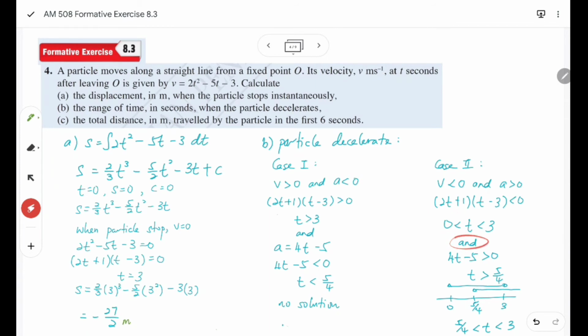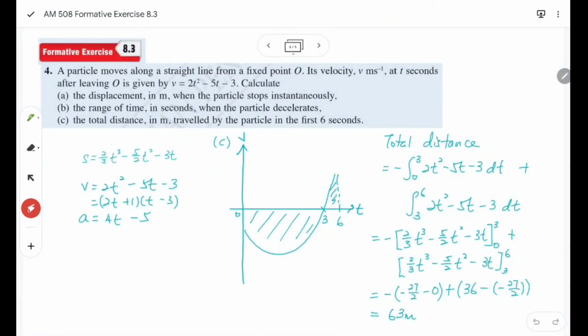The second condition is a greater than 0, which is 4t minus 5 greater than 0, we get t greater than 5 over 4. When we put these two linear inequalities onto the number line, we find that the intersection is 5 over 4 to 3. Therefore, t is from 5 over 4 seconds to 3 seconds that the particle experiences deceleration.